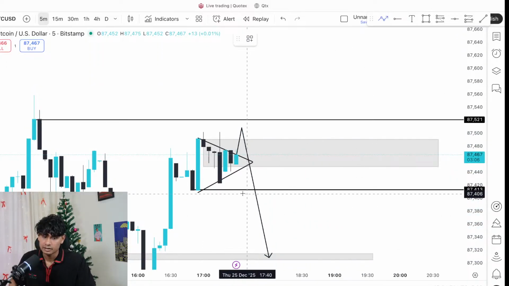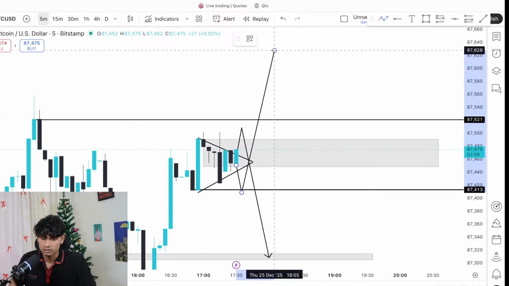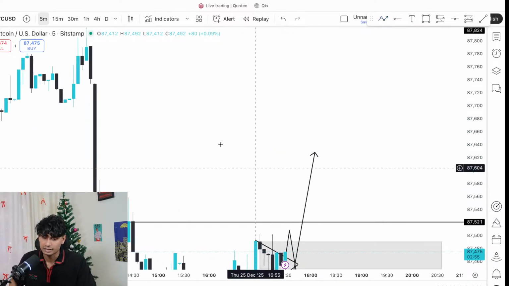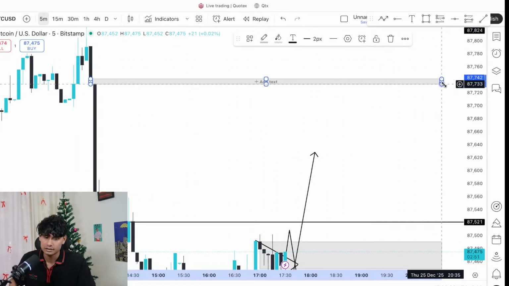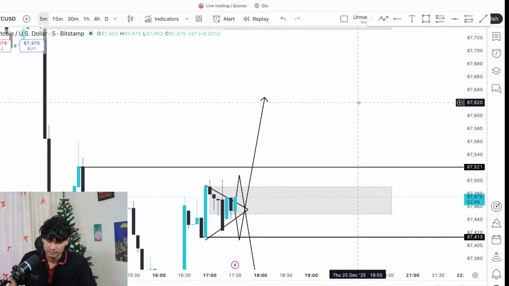Second, it's gonna break out from here. People are gonna say, oh shit, we can sell from here now. Then it's gonna go directly to this level. The next target is where the liquidity is building. You're getting my point?